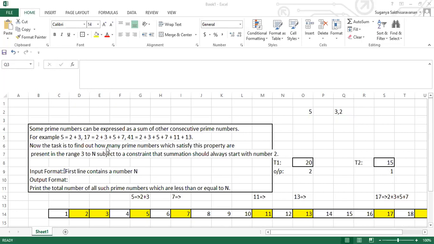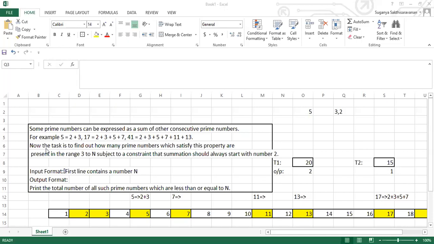You can notice I didn't miss any 3 or 5 in between. So it is a sum of consecutive prime numbers. It has to follow both rules: prime numbers, and consecutive prime numbers. And the next one, 41: the summation starting from 2 till 13 gives you 41.